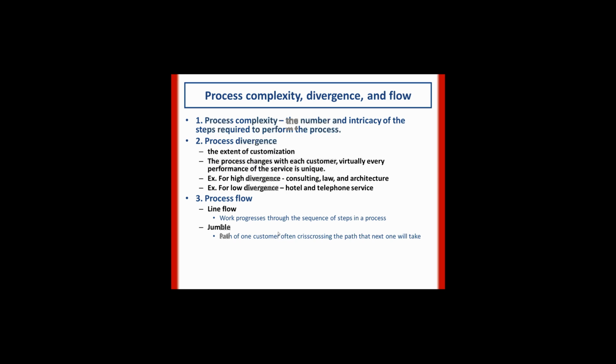An example of jumbled flow can be going to the hospital, where each patient can pass through many steps. Different patients with different symptoms may go through different processes.